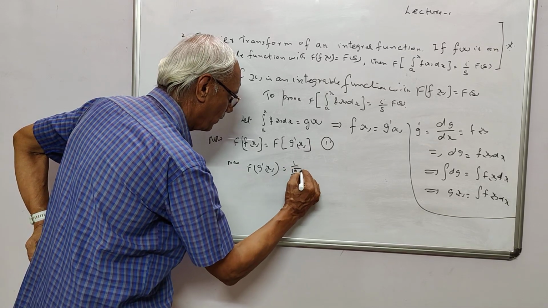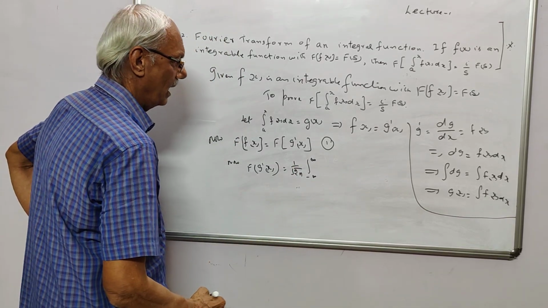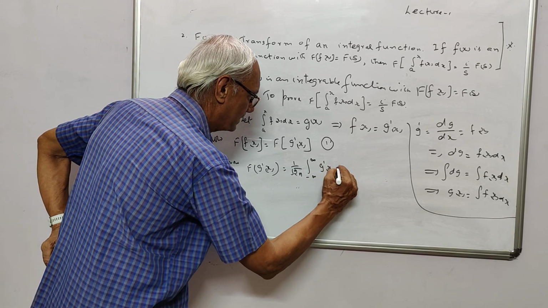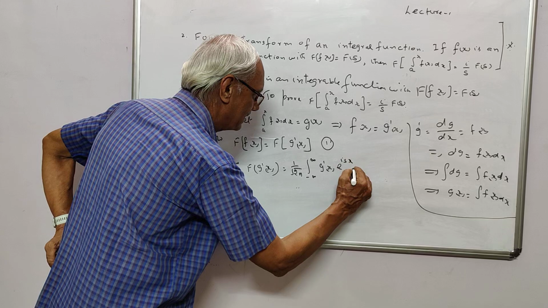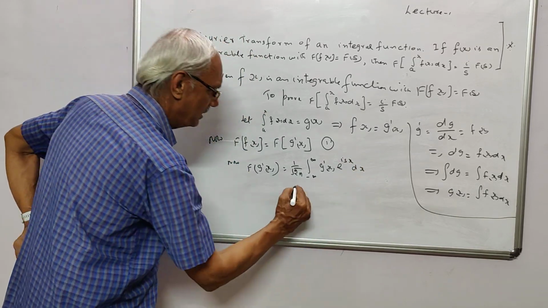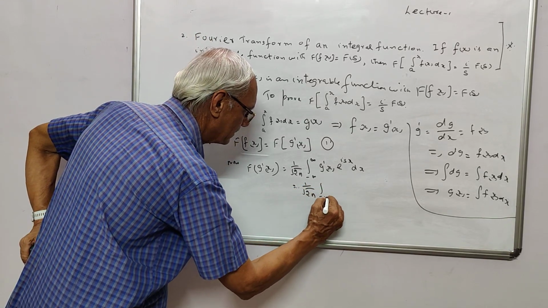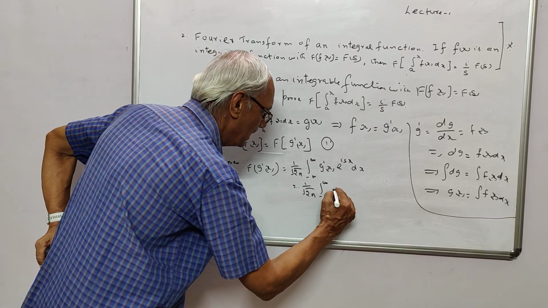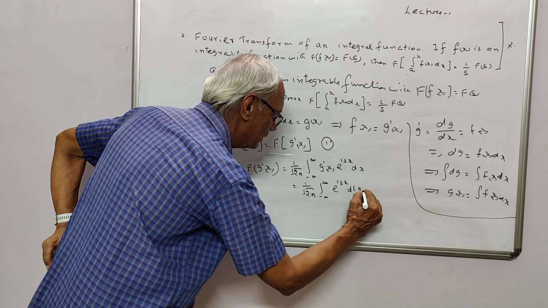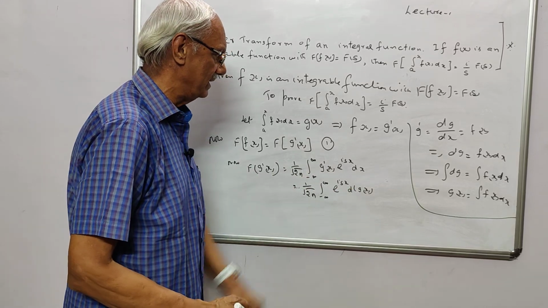This is equal to 1 by square root of 2 pi, integral from minus infinity to plus infinity of g dash of x into e to the power of isx into dx. So this can be written as 1 by square root of 2 pi, integral from minus infinity to plus infinity of e to the power of isx into dg of x, because g dash of x into dx can be written as dg of x.